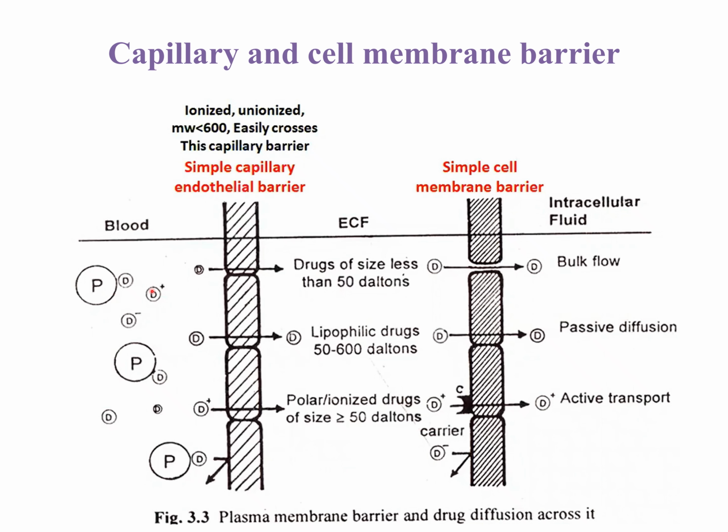This is the drug protein binding. Only the free drug can come here, and drug of size less than 550 Dalton can easily pass through these pores. Then a lipophilic drug will pass by passive diffusion. Then polar or ionized drug will pass through different carriers, as we have already seen in our previous lectures.